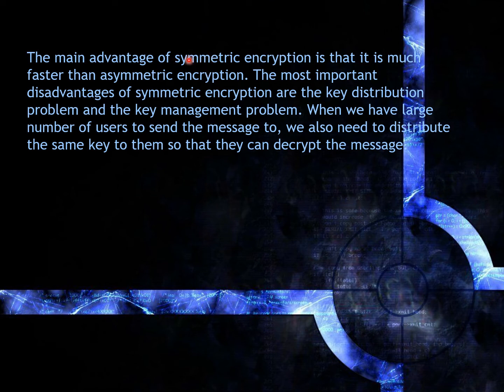Symmetric key encryption is faster because it uses the same key to encrypt and decrypt. That is why I use symmetric key for large data. And the most important disadvantage is the key management problem. Sending the key, sharing the key among all the participants, is a problem.